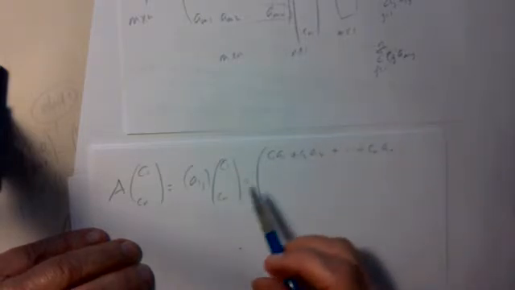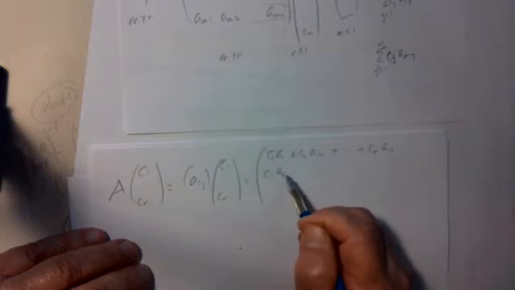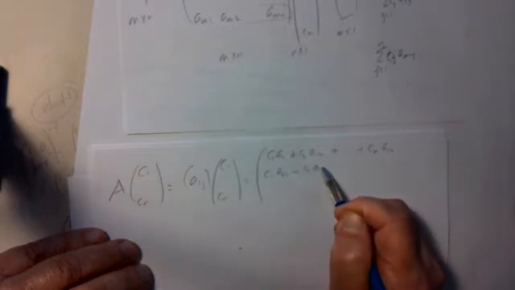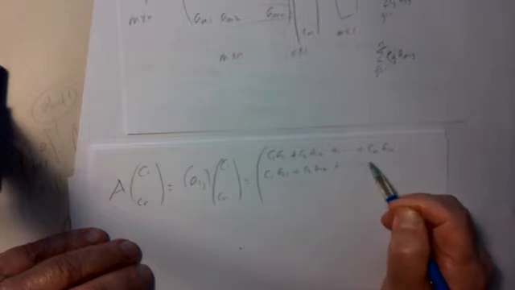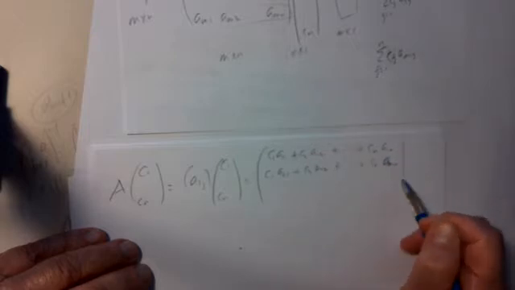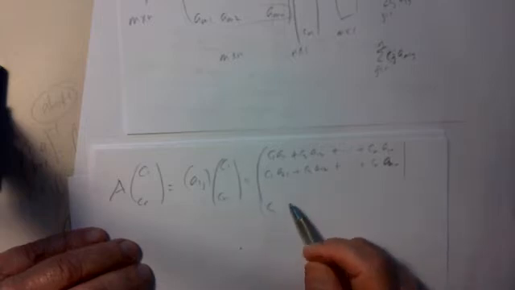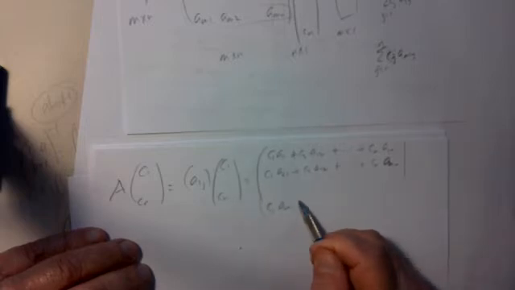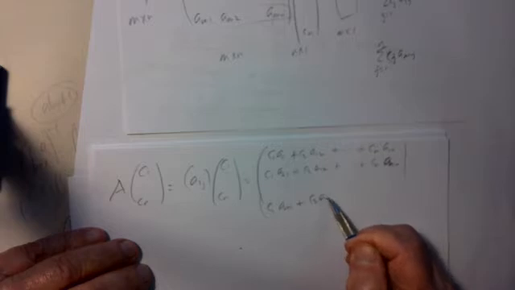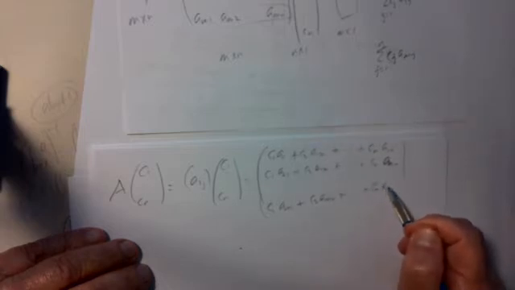The second coordinate is C1 A21 plus C2 A22 up to Cn times A2n, all the way down to the last coordinate, which is C1 Am1 plus C2 Am2 up to Cn Amn.